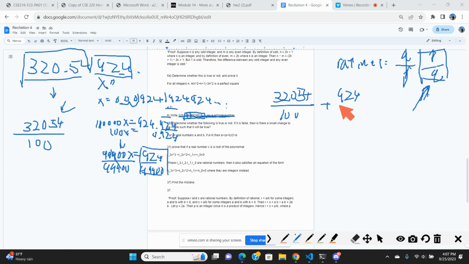Then if we do the sum here, this will be AD plus BC over BD, and this will be equal to R plus S. And since we know that the subspace of integers is closed under multiplication and addition, we know that AD plus BC is an integer, and BD is an integer. And since this is expressed as a ratio of two integers, that means that R plus S is rational.